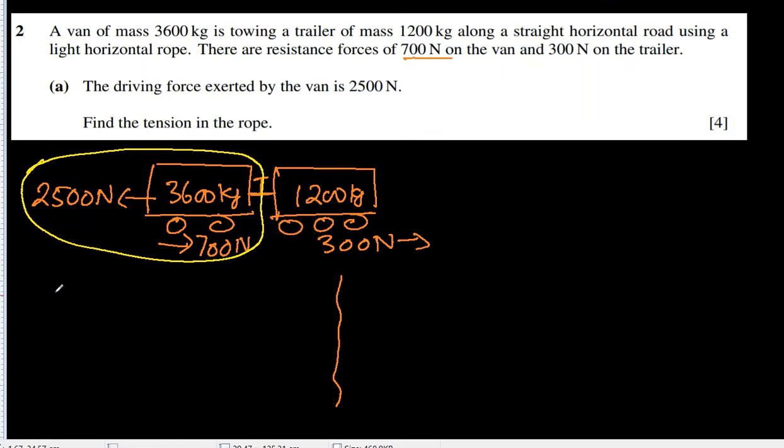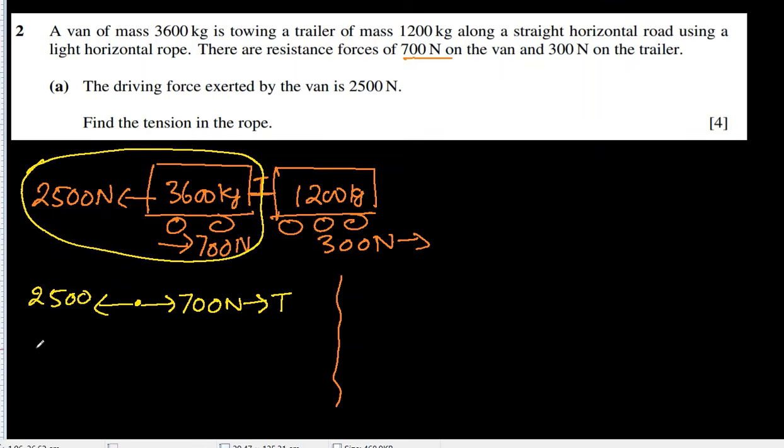So the forward force, let me draw the free body diagram, is just 2500 Newtons. There is a backward force of 700 Newtons, plus we have tension also backwards, which is trying to pull it backwards.